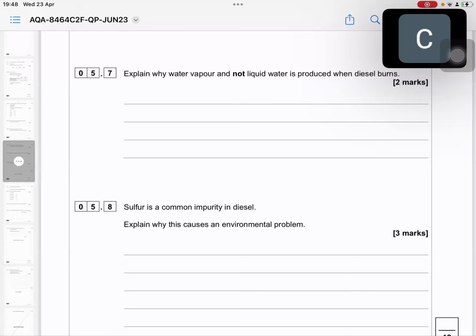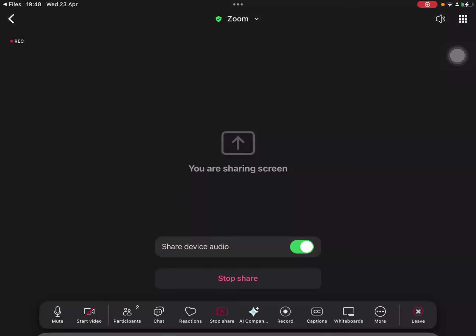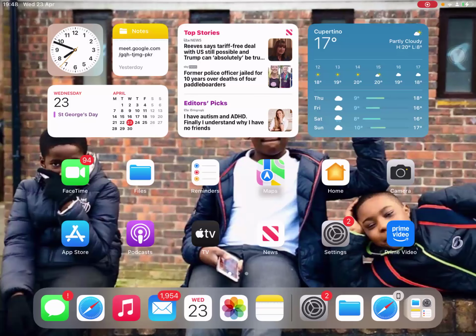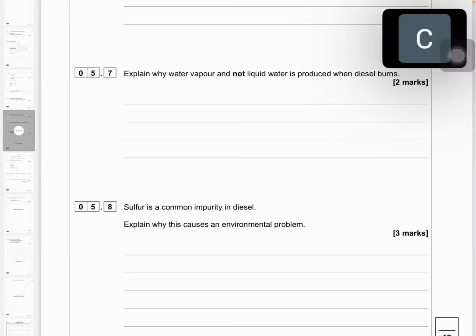It says sulfur dioxide is produced when diesel is burned, which causes acid rain, which results in damage to buildings, statues, bridges, trees, and plants.